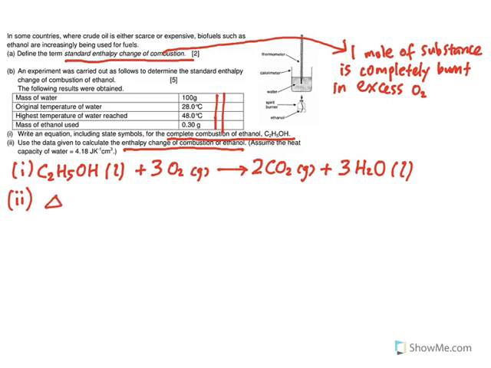Remember, ΔH standard of combustion equals Q over the number of moles of ethanol. Remember, it's always the heat released. So for this case, it's confirmed a negative value, because it's exothermic.